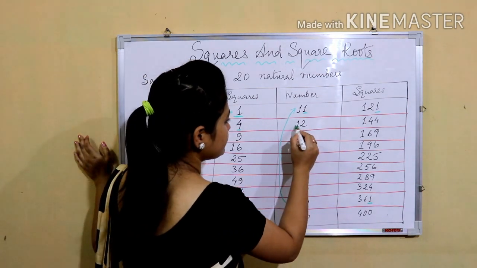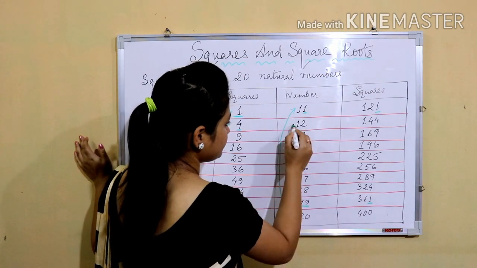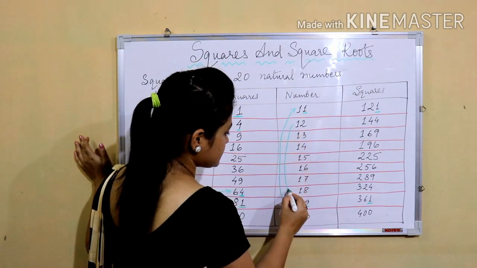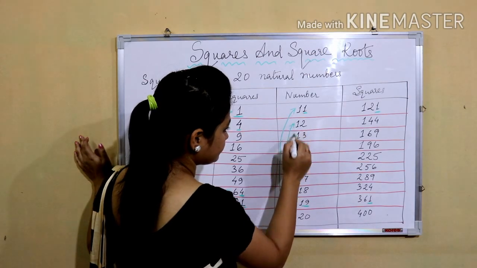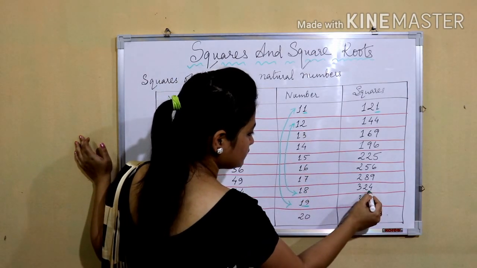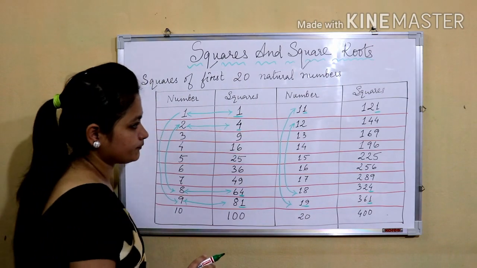Then 12 square gives you 144 and 18 square gives you 324.